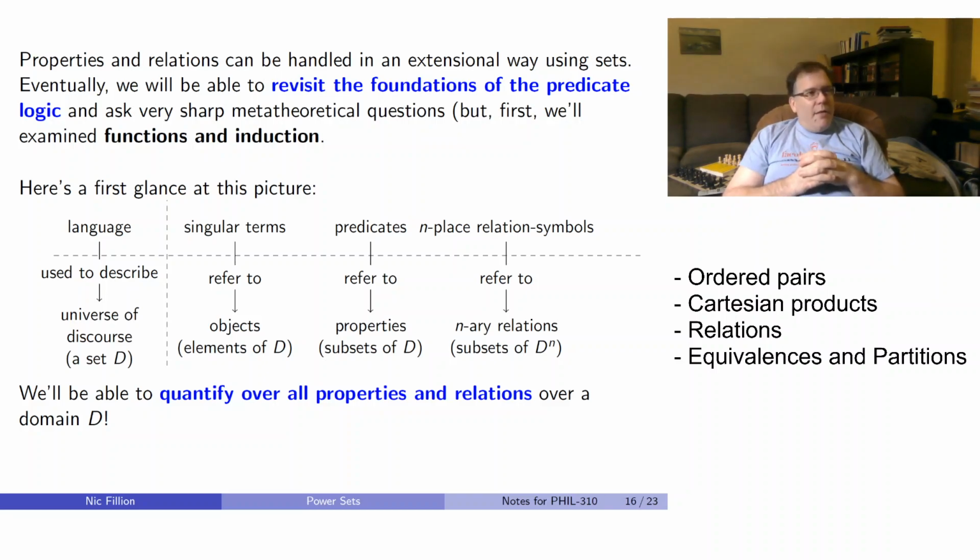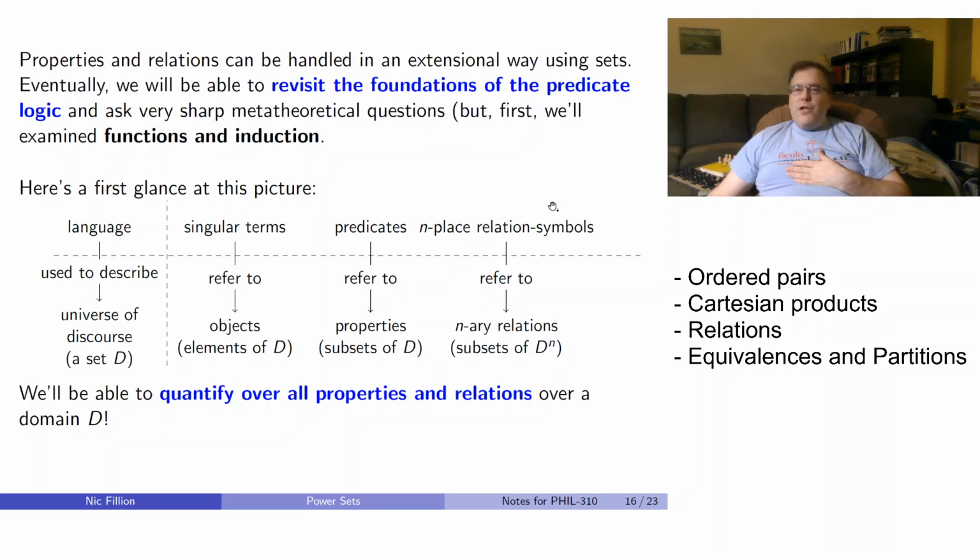Well, properties can be thought of extensionally in terms of the objects that have that property, say the read objects, right? So then we see that a property, or at least the extension of a property, can be associated with the set of objects that have the property in question. And that set is going to be a subset of the domain or the universe of discourse.